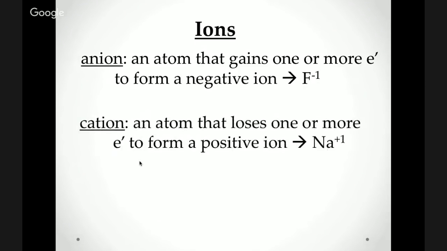If it is a cation, we understand that it is an atom that lost 1 or more electrons to form a positive ion. So we can recognize that this is going to help us when we are trying to determine the number of subatomic particles when the question is asking you to determine electron number. And this is what makes an atom and an ion different.